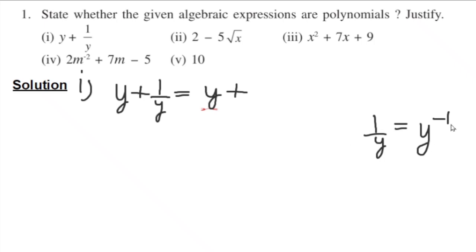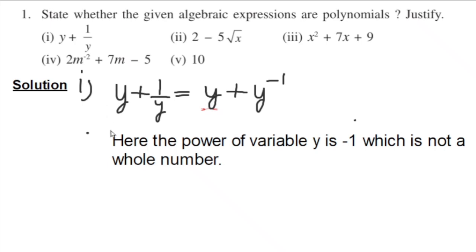We have learnt this in the indices chapter. I will give the link of that video in the description and the I button. So this 1 by y we can write as y raised to minus 1. So what we will get? y plus y raised to minus 1. Understood? This is how we will write it now.